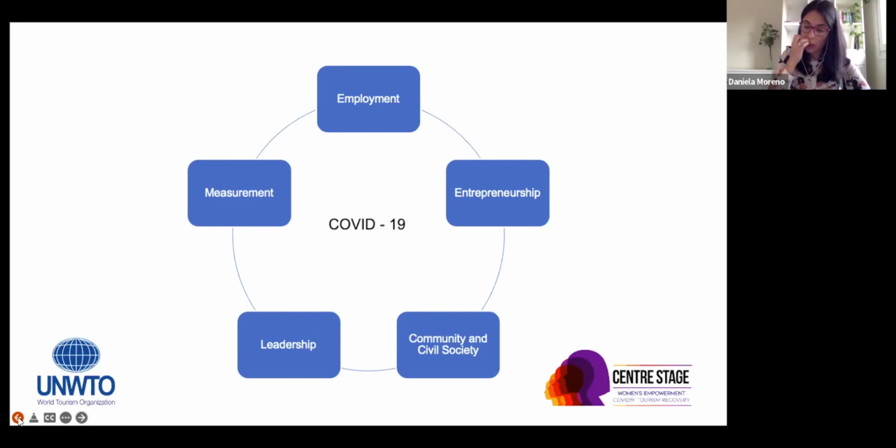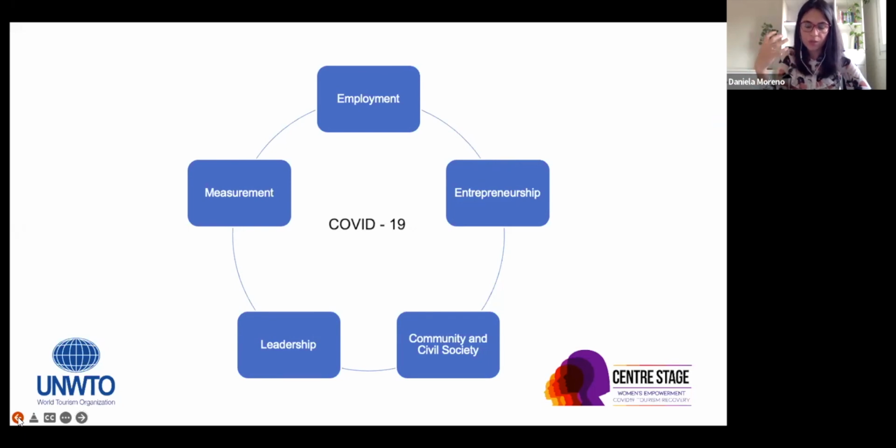But also the other point that we have to include in the entrepreneurship pillar is that tourism also creates the kind of environments that enable women to create businesses in sectors linked to the tourist sector.